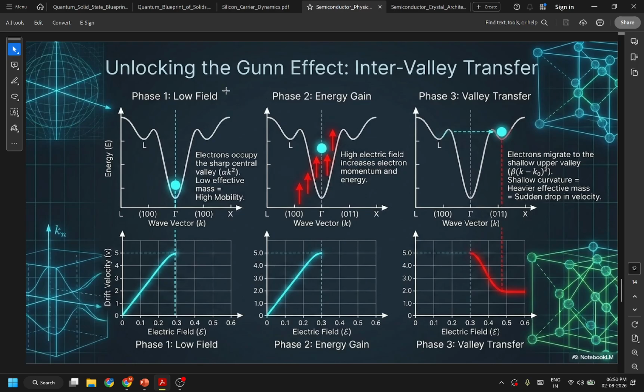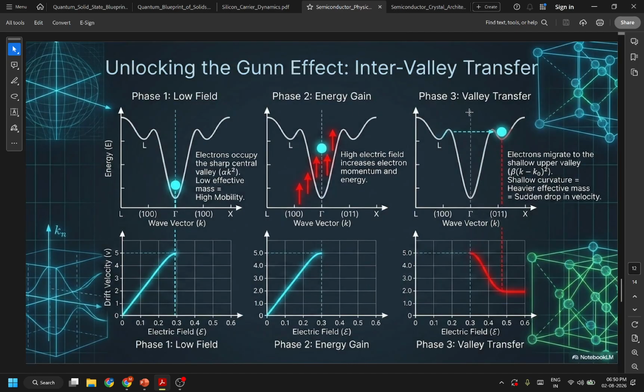What happens here is called intervalley transfer. We saw in the Kronig-Penney model that there are multiple such potential curves where the electron resides. The electron is in this valley, and when an electric field is applied, the electron gains energy and moves higher.